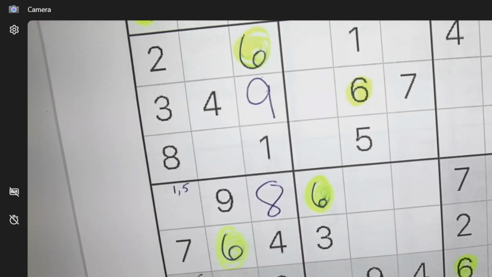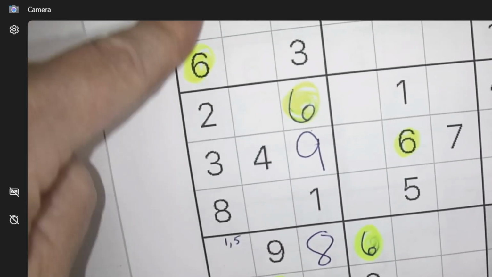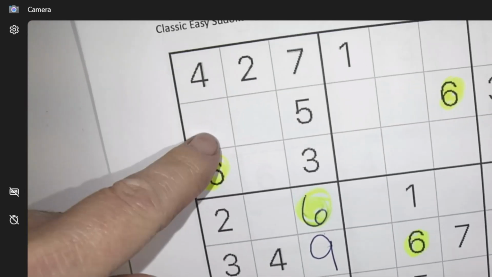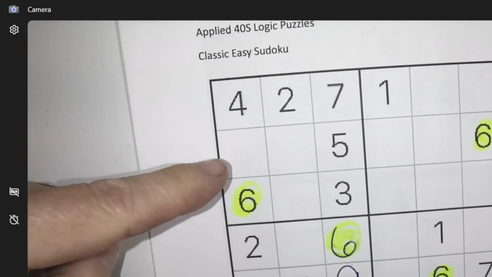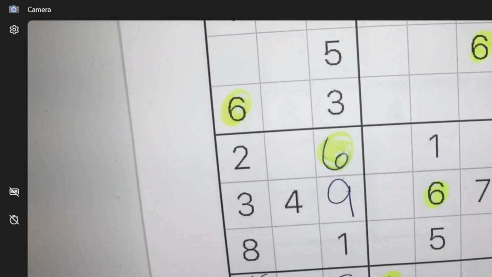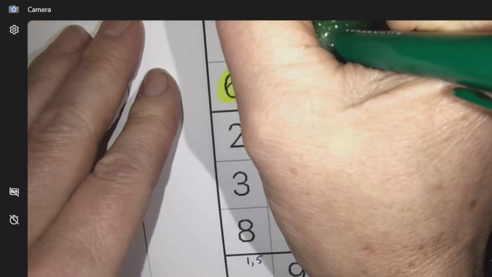If I've narrowed it down but I don't eliminate anything, I just put these little tiny numbers at the top, just saying I know that there's either a 1, 5 or 5, 1. But guess what that activates? This column. Now that I know this is a for sure 1, 5, what's the only thing missing up and down here? A 9.